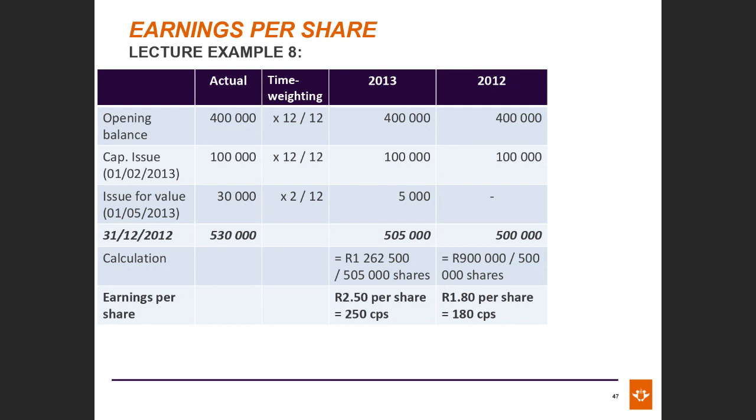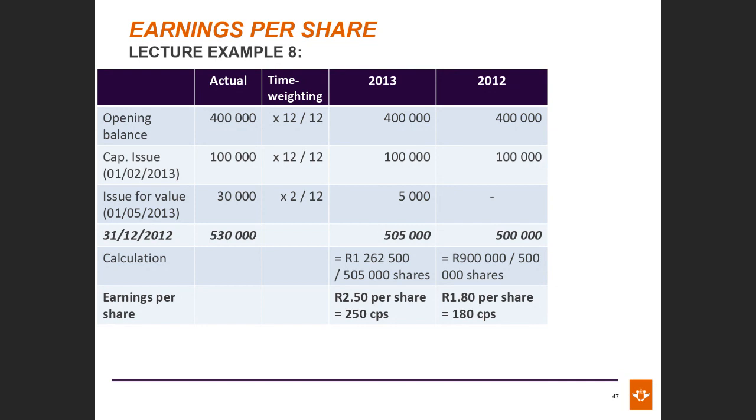Okay, and this is different to a capitalization issue. So when we have a capitalization issue of 100,000, we are not going to time weight it because it is a not for value issue. There is no increase in profits. So we are going to include the full 100,000 shares for 2013.